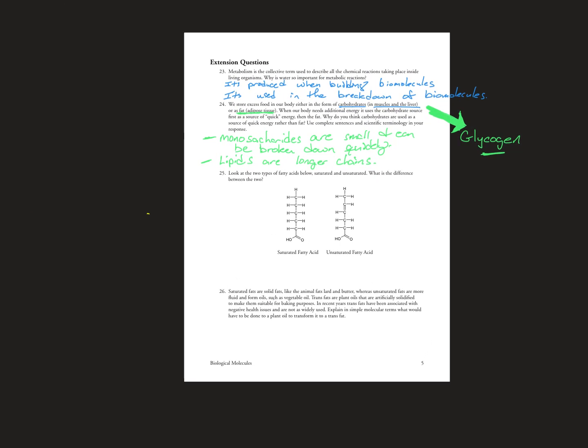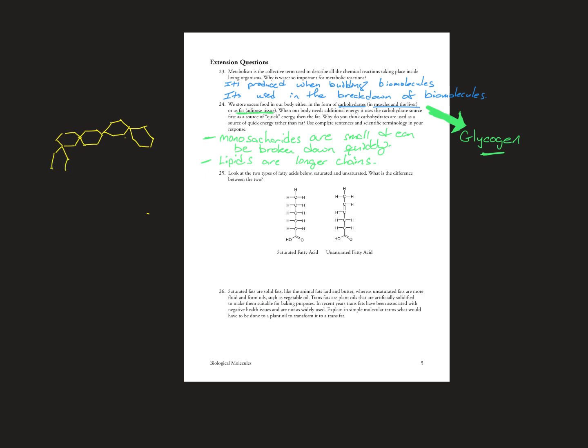Luckily, sugars form polymers, which means you have thousands, if not hundreds of thousands, I don't even know the number, of units of carbohydrates, monosaccharides, linked together in a chain in your liver, and plants have them too.